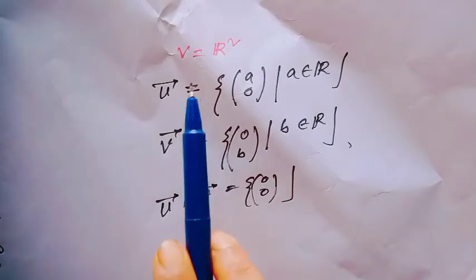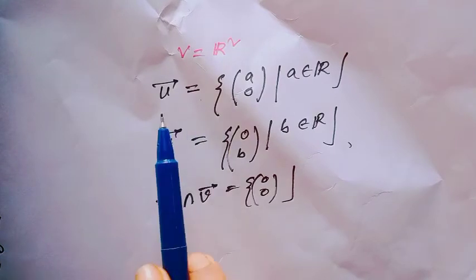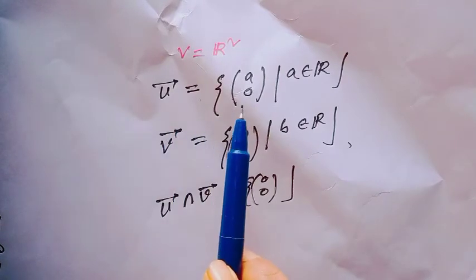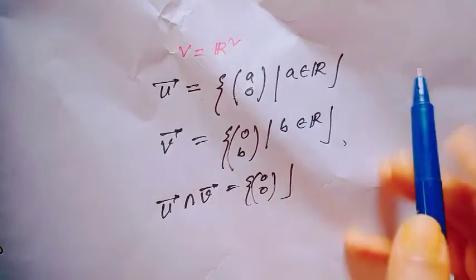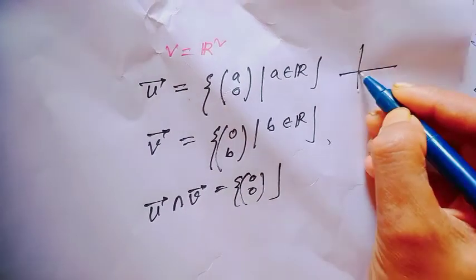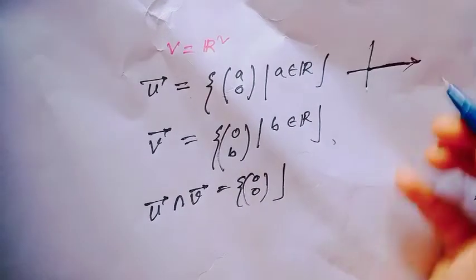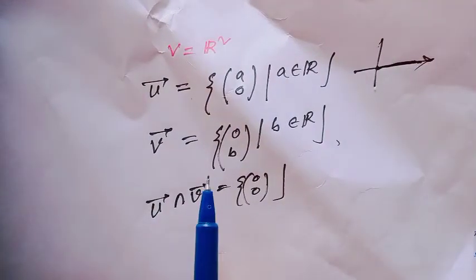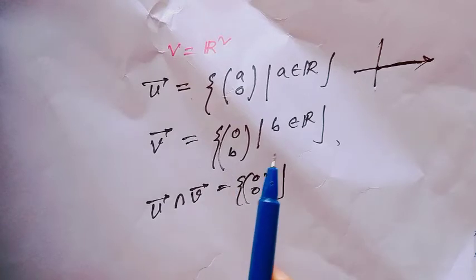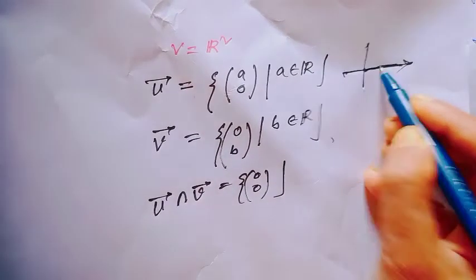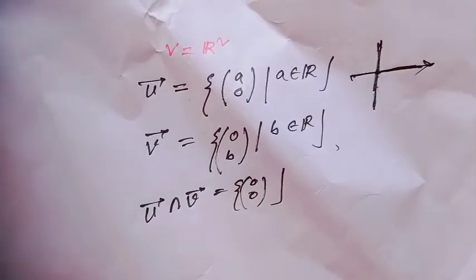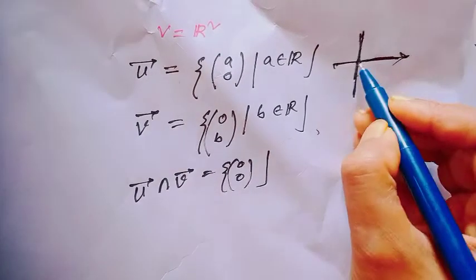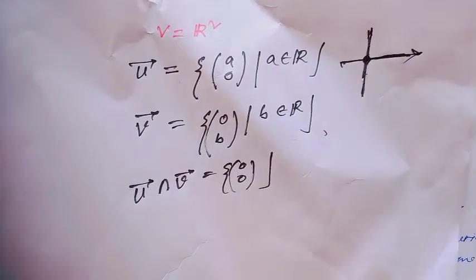As an example, consider V equal to R2 and consider U equal to the set of vectors (a, 0) where a belongs to the real numbers. That means R2 is the xy plane, and U is only the x-axis. Consider V equal to the set of elements (0, b) where b belongs to R. That means V is the y-axis, then U intersection V is obviously the (0, 0) vector, which is obviously a subspace.